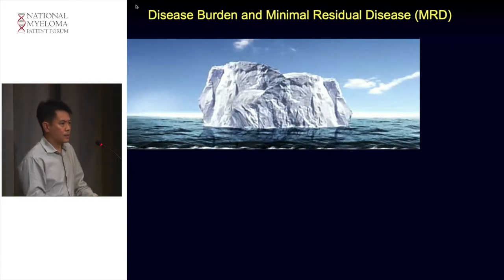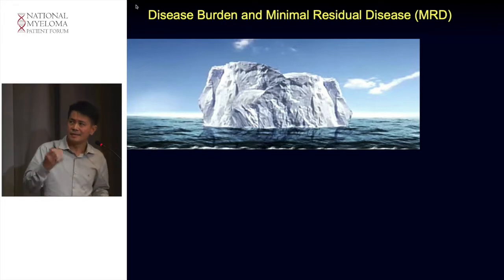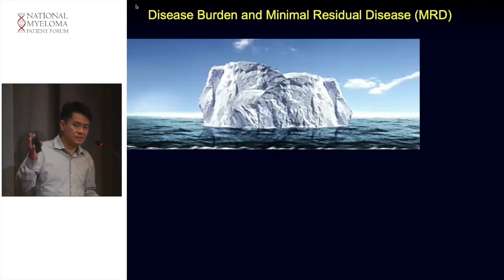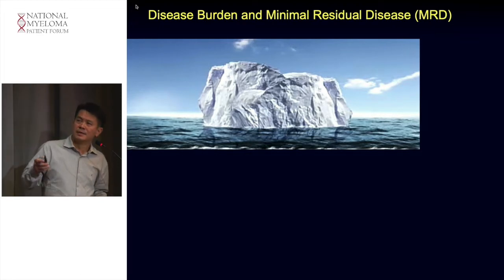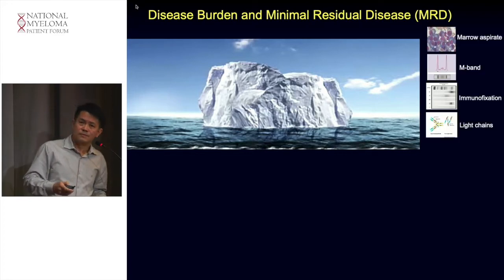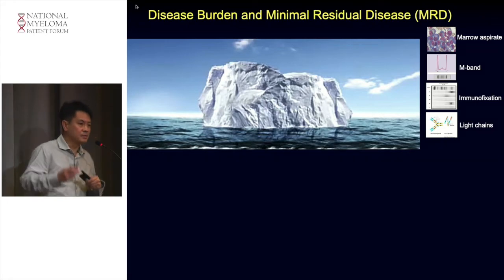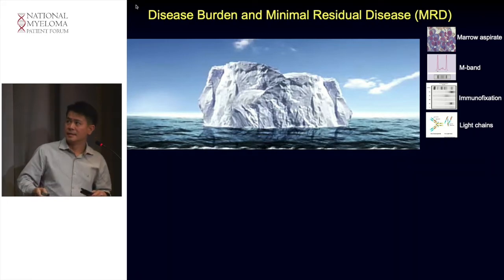Now, for a long time we were resting on our laurels of attaining a CR, but then we realized that we were duped into believing so, because CR is just the tip of the iceberg. If you assume that the disease burden in the body is represented by an iceberg, then with the current technologies that I've alluded to earlier on, the bone marrow smear, M-band, immunofixation, light chains, we're actually measuring just the iceberg that is above the water surface.